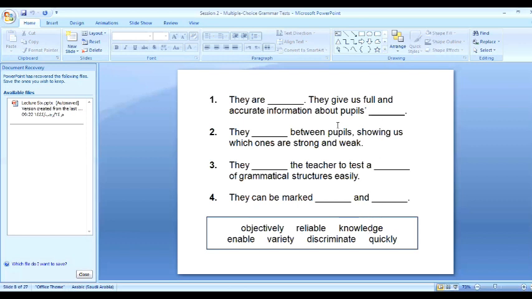They discriminate between pupils, showing us which ones are strong and weak. They enable the teacher to test a variety of grammatical structures easily. They can be marked quickly and objectively. So these are the answers here.